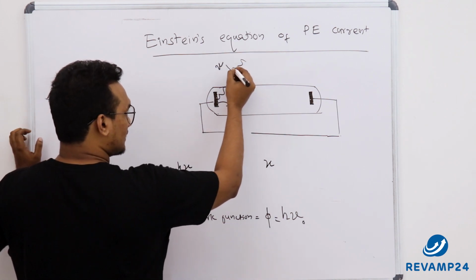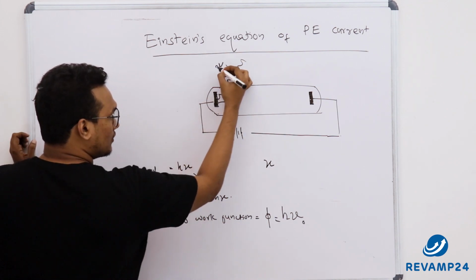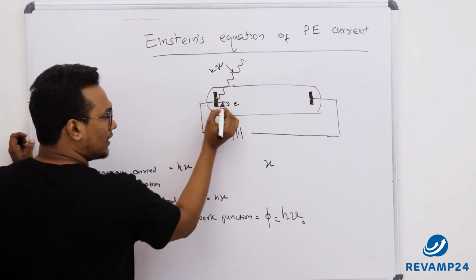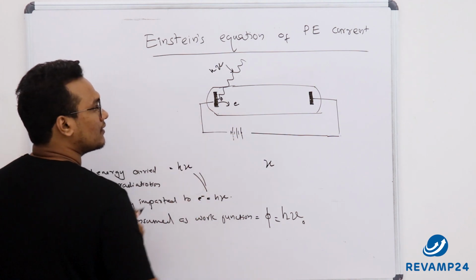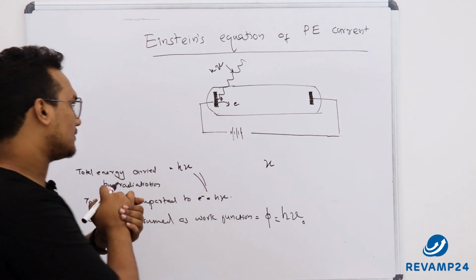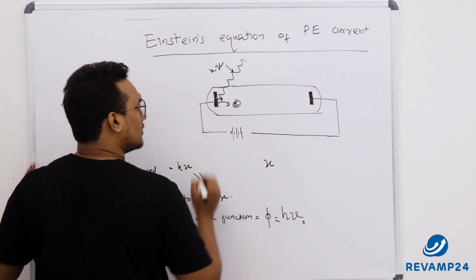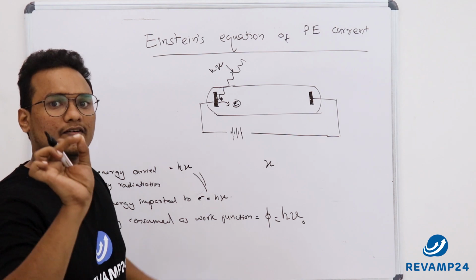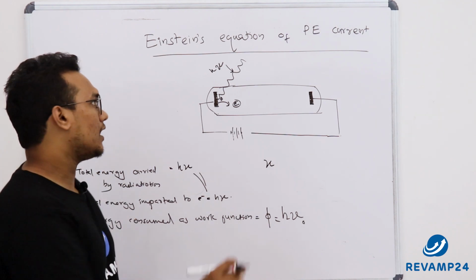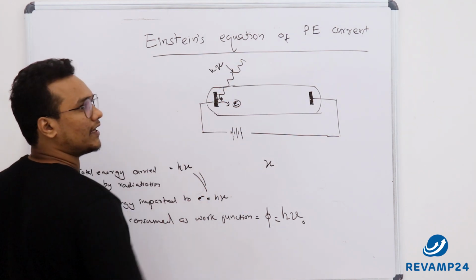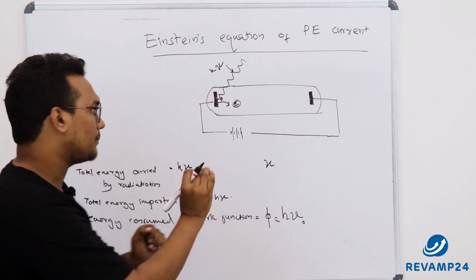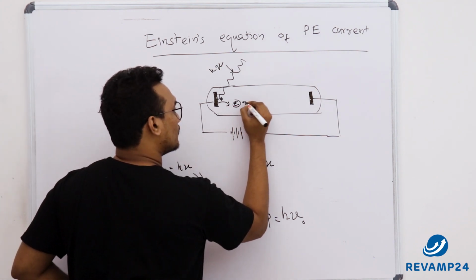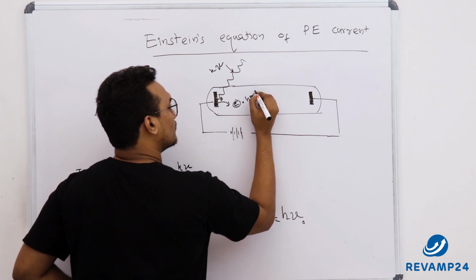So radiation comes with h nu, and out of that, phi is taken for the photoelectric emission. With just phi, the electron can only come out of the metallic surface and have zero velocity. If h nu is more than phi, the additional energy is given as the kinetic energy of the moving electron, which is half mv square.